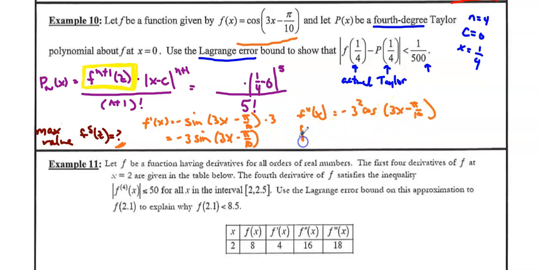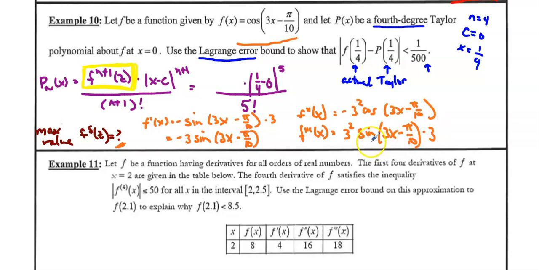If we find our third derivative, hopefully you'll see it's going to be negative 3 squared, and the derivative of cosine is negative sine, so it's going to be 3 squared sine of 3x minus pi over 10 times another 3.